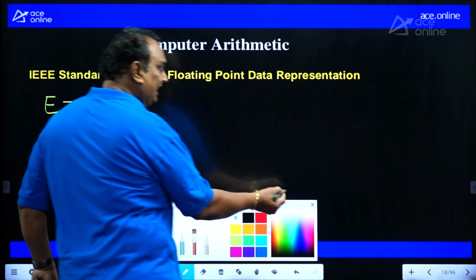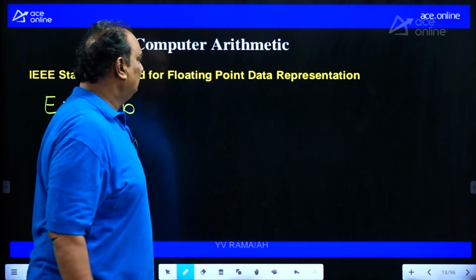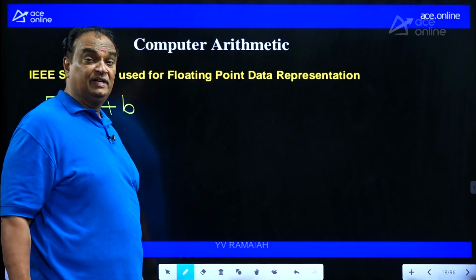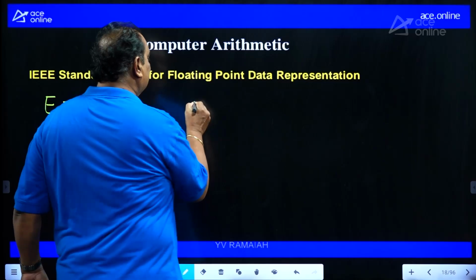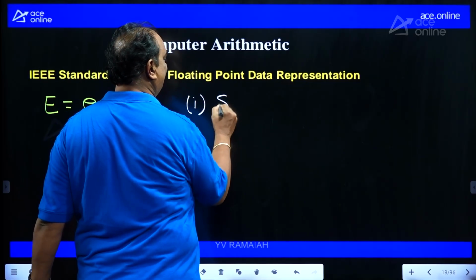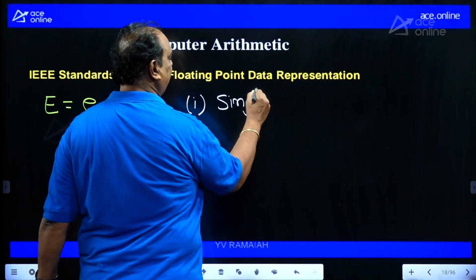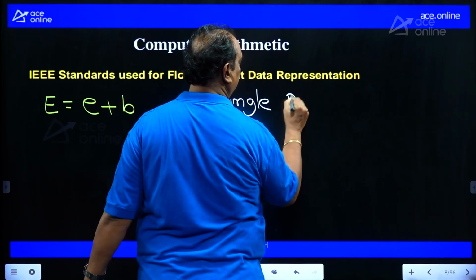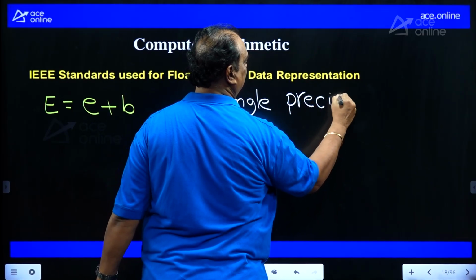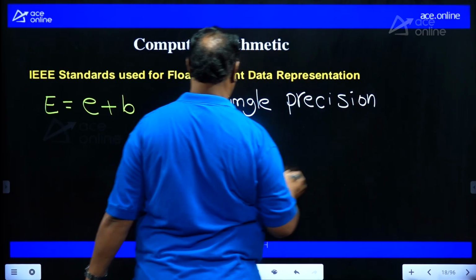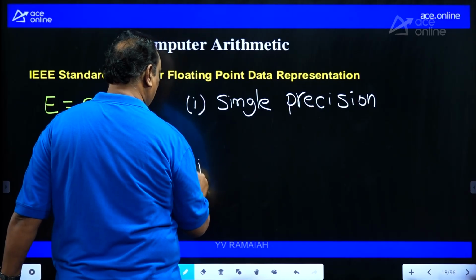In this, there are two methods to represent floating point data in IEEE standards. First one, single precision. Second one, double precision.